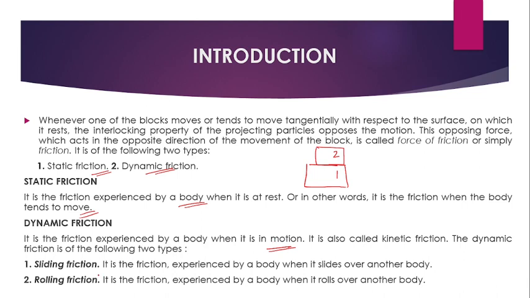There are two types of dynamic friction: sliding friction and rolling friction. Sliding friction is the friction experienced by a body when it slides over another body, whereas rolling friction is the friction experienced by a body when it rolls over another body.